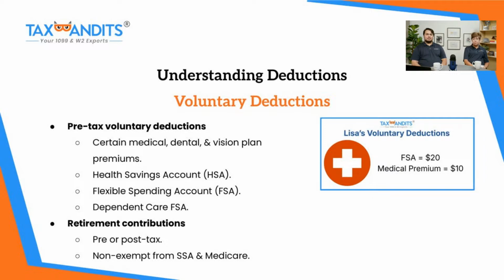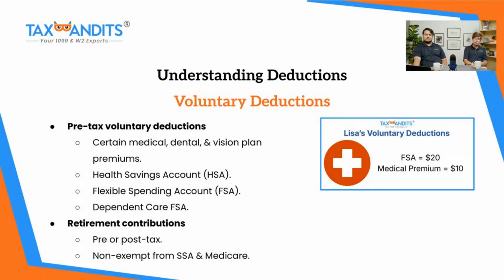For example, pre-tax voluntary deductions. This can be certain things like medical, dental, vision plan premiums, health savings accounts, flexible spending accounts, dependent care flexible spending accounts, retirement contributions. If you've got a Roth or traditional IRA, depending on how you set that, it can be pre-tax or post-tax.